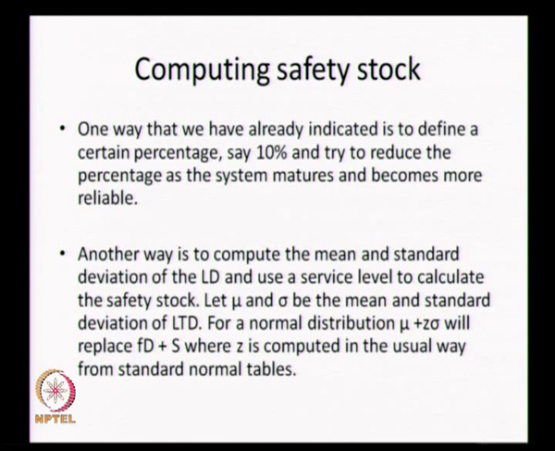If we use 95%, Z becomes 1.645 times sigma. This 1.645 comes from the standard normal distribution.